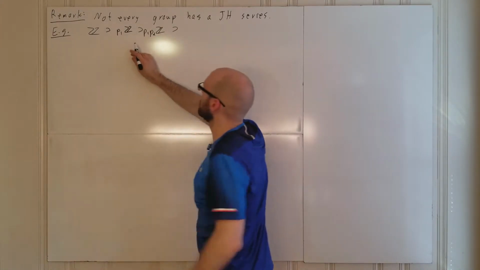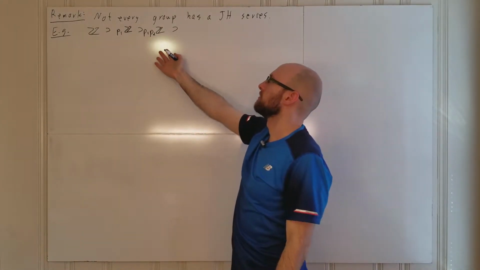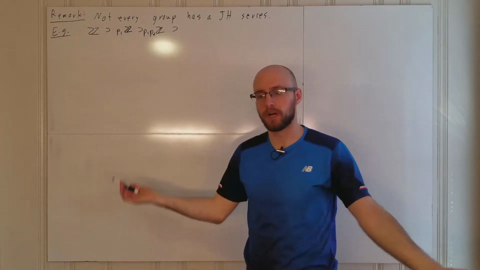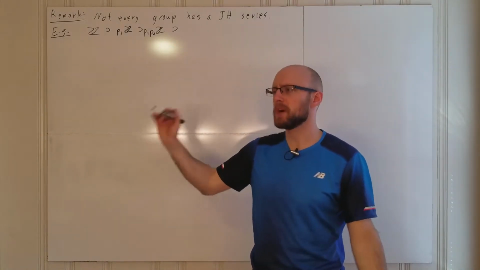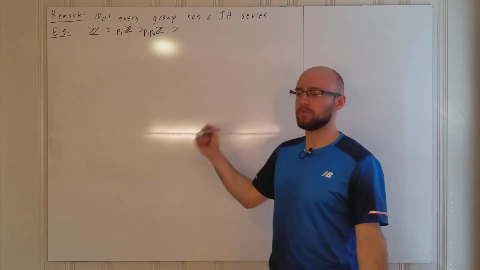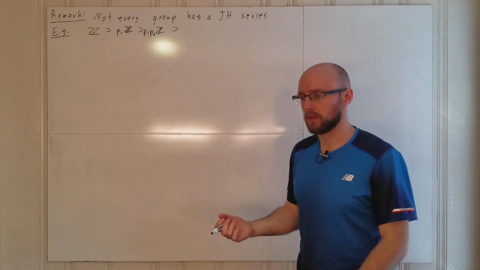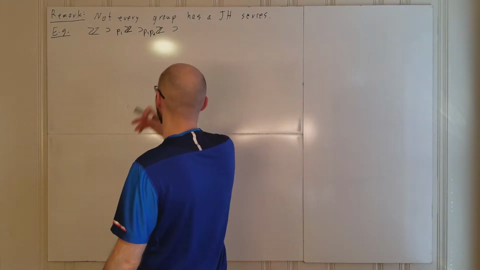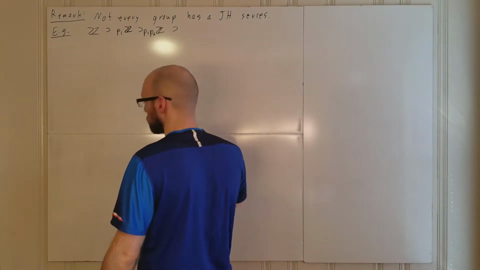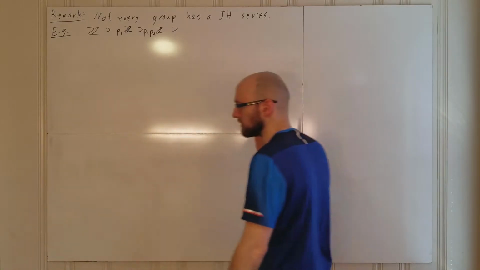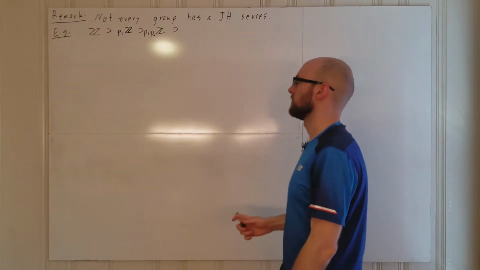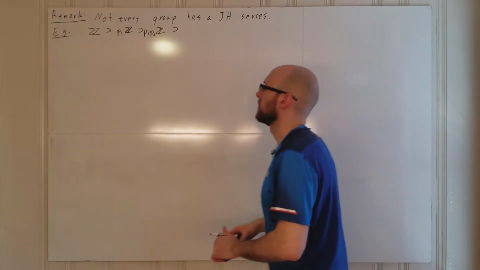So p1Z mod p1p2Z is going to be isomorphic to Z mod p2Z, which again has only itself and the trivial subgroup as subgroups, and so it's simple.